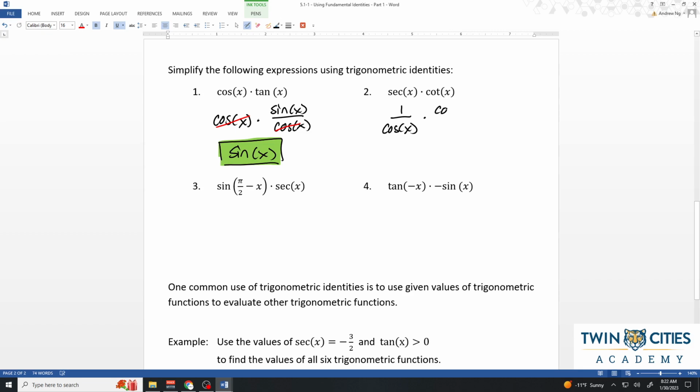So this is going to be cosine of x over sine of x. Right now, cosine on the bottom here, cosine on the top here. These will divide out. This leaves 1 over the sine of x, which is the same as saying cosecant of x.